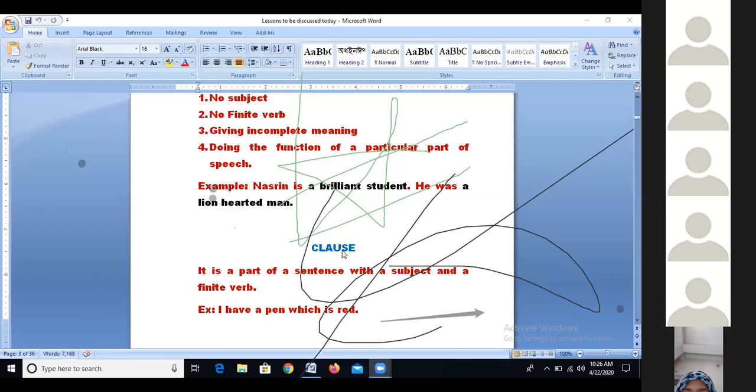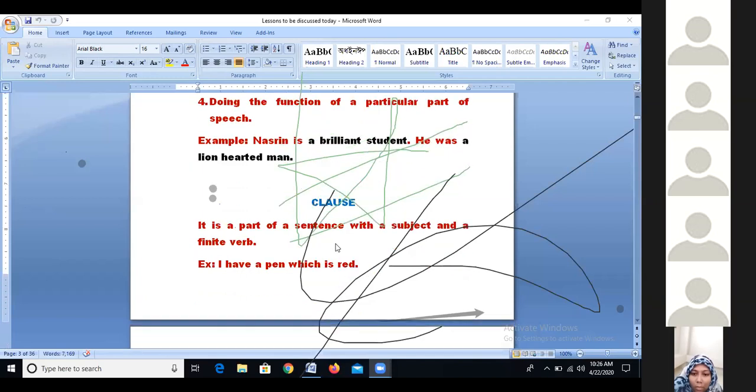Then what is the basic difference between a phrase and a clause? You know, in a phrase, there is no subject, no finite verb. But in a clause, you will find a subject and a finite verb. And it is a part of a sentence.